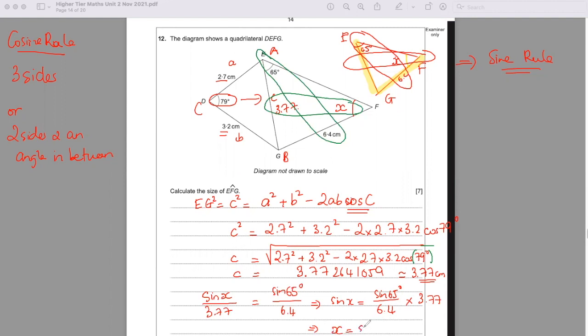So what I'm going to write is the inverse of the whole thing here: sine 65 over 6.4 times 3.77, and I'm going to put all of that into my calculator. So shift sine -1, and then that fraction, sine of 65 over 6.4 times 3.77. And remember the bracket after the 65 degrees.